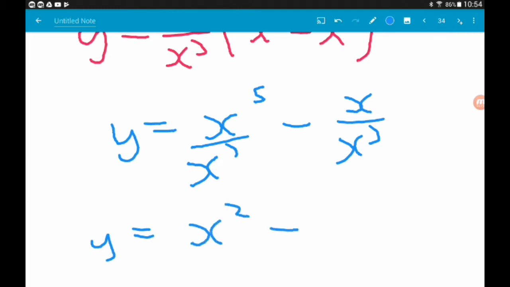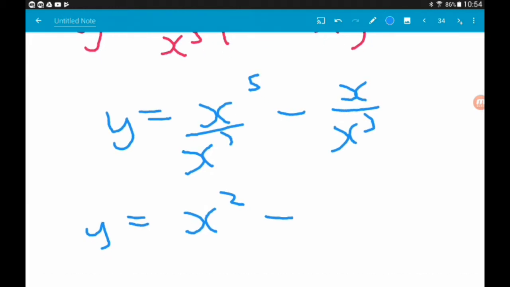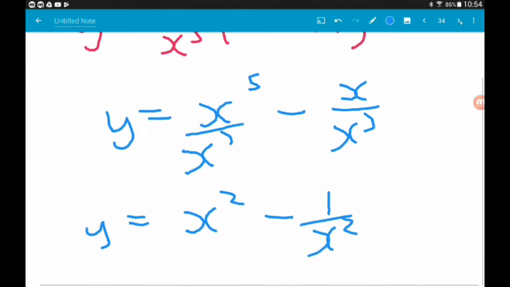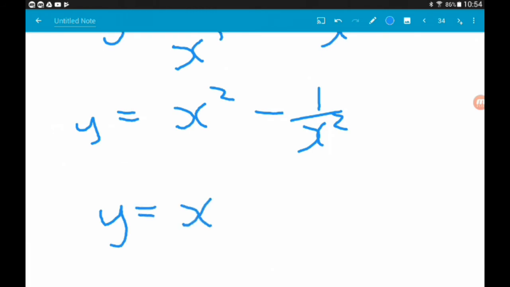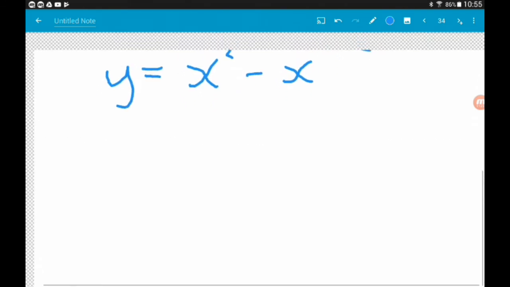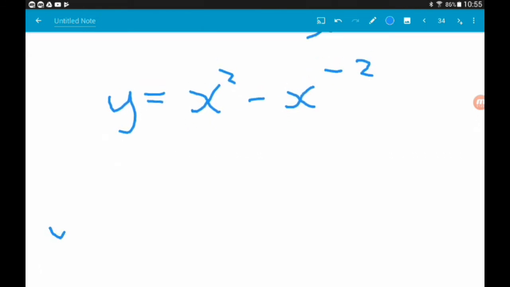And then the second term, x divided by x cubed, is going to give us 1 over x squared. Now, to be able to differentiate that, we're going to want it in power form, not as a fraction. So we've got y is x squared minus x to the minus 2. Okay. Now we can differentiate. So y dashed of x is going to be, well, x squared differentiates to 2x.